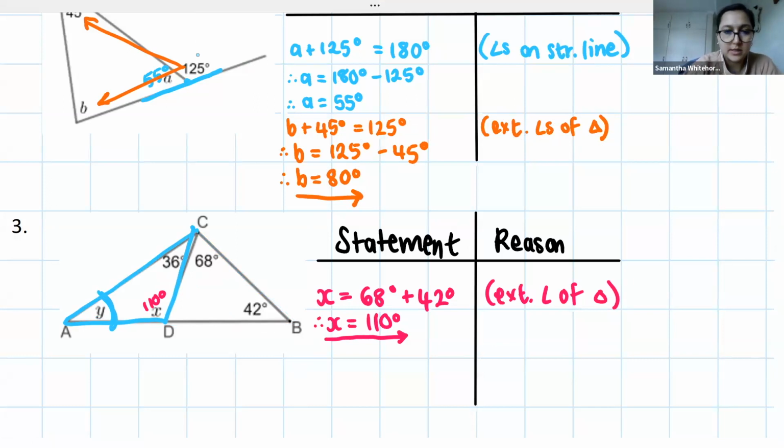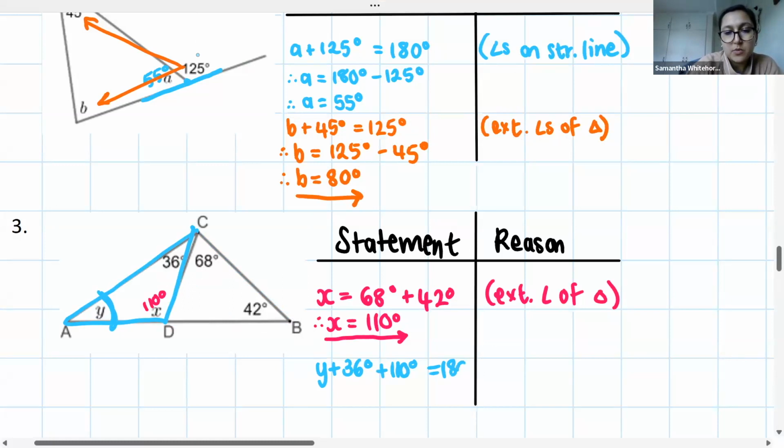So because it's highlighted, that's what I'm going to use. I know that Y plus the 36 at the top plus the X angle that I've just found to be 110 must equal 180 degrees because of sum of angles in triangle. Okay, 36 plus 110 are like terms, so I can add them together to get 146 degrees.